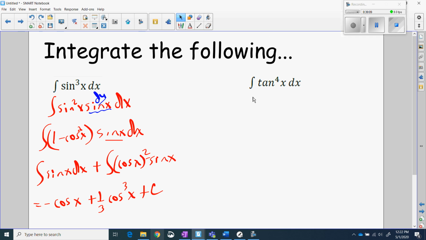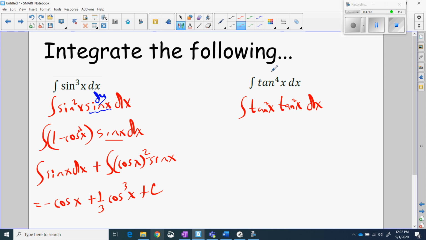My original gut feeling is saying to split this. Now, I'm not peeling one off. I'm going to split it into tan squared x, tan squared x dx. And unfortunately, there's no quick, easy way for me to say, oh, well, you do it because of this. Unfortunately, you end up seeing examples and you get experience and practice doing these, and it just kind of points you in the right direction.